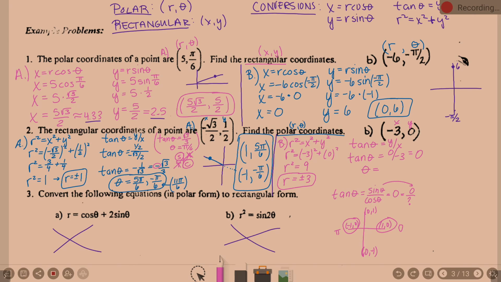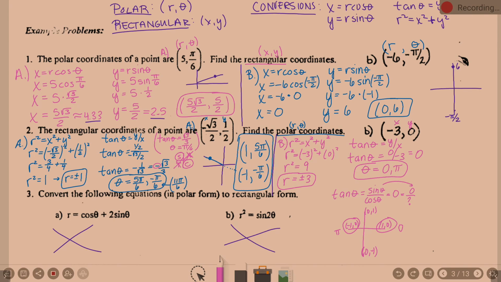Now, 2 pi I agree with, but when we give answers, we go on the first go round, and 2 pi starts the second go round. Okay? So theta is 0 and pi. Are you with me? I was a little confused because they were not saying the same thing, which is why I was repeating, when does sine equal 0?